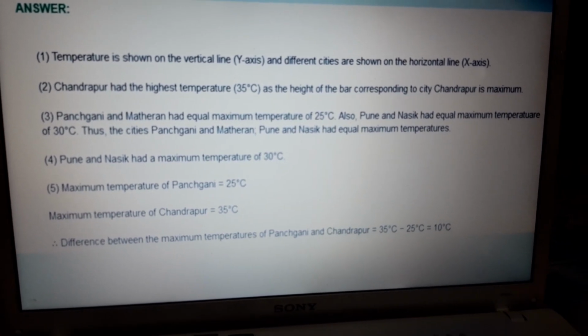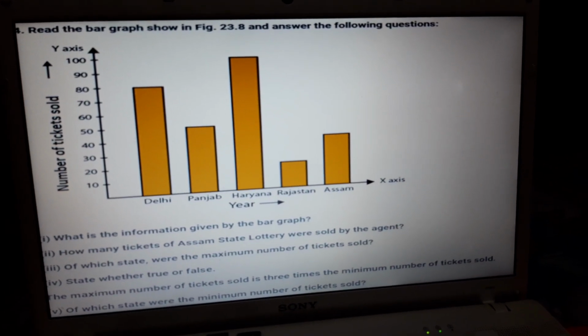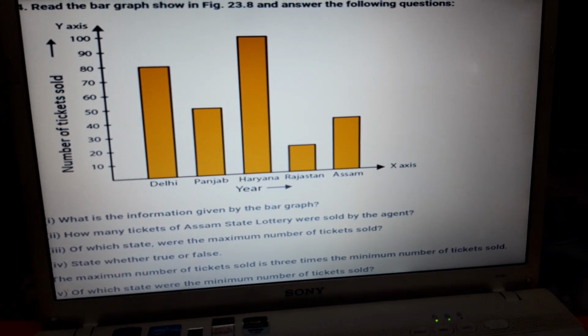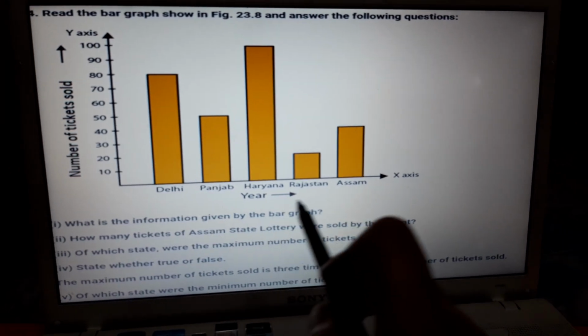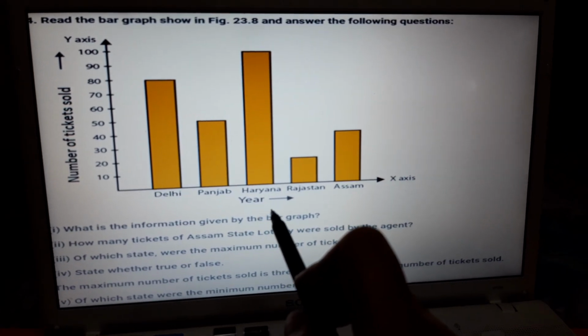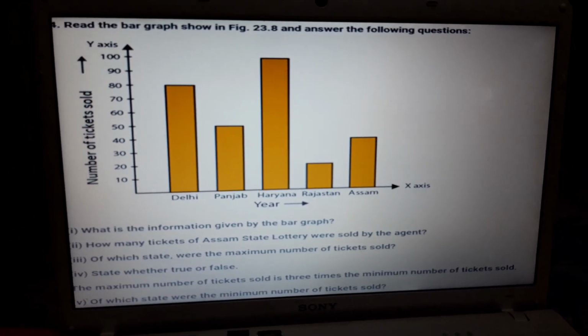Next is, read the bar graph shown in the figure and answer the following questions. What is the information given by the bar graph? Now the information is the number of tickets sold, and here we have the year. In which year, in which city, how many tickets are sold.